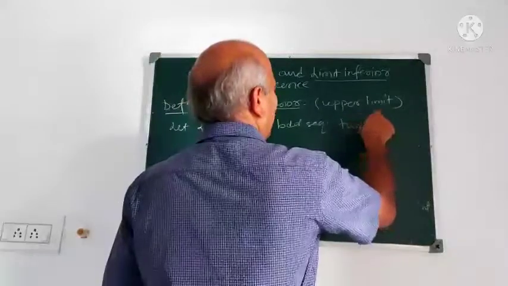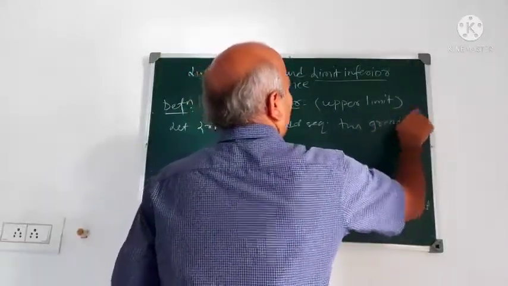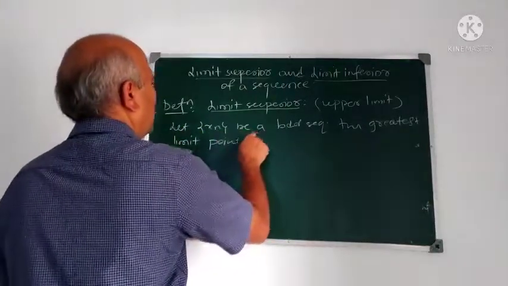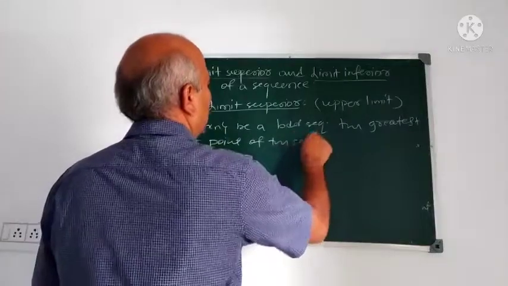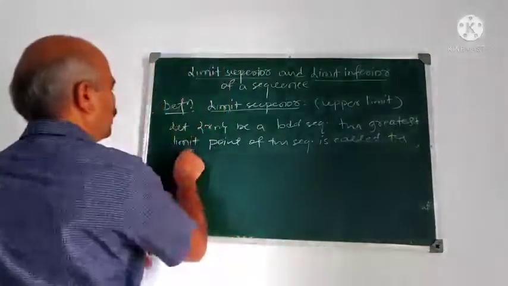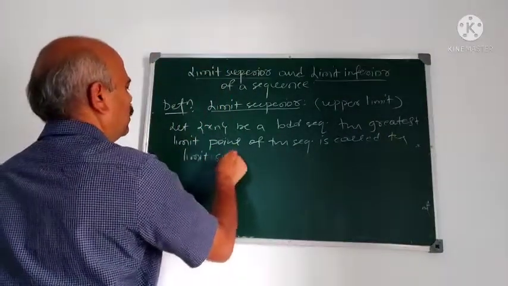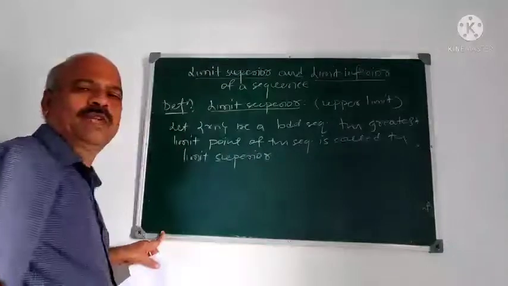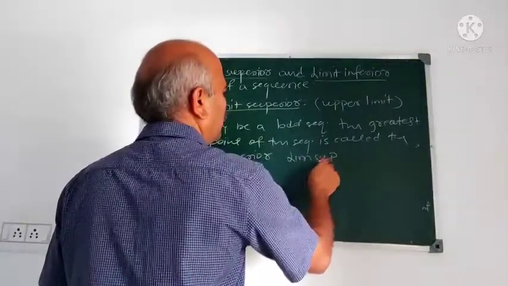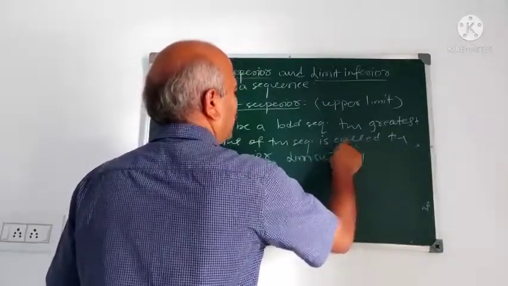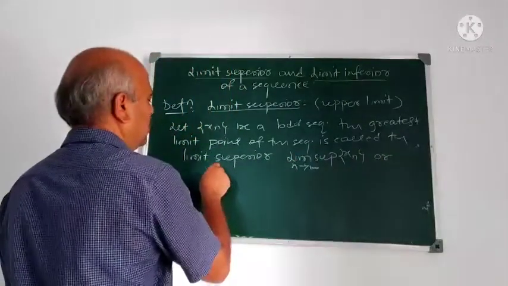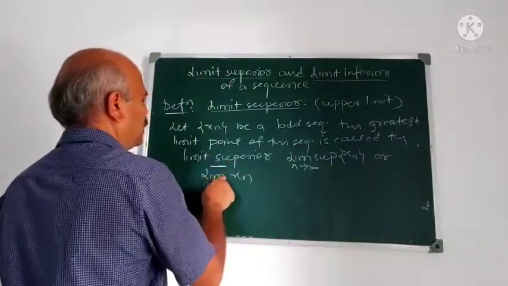Suppose Xn is a bounded sequence. The greatest limit point of the sequence is called the limit superior, and it is denoted by limit superior Xn, n tends to infinity.